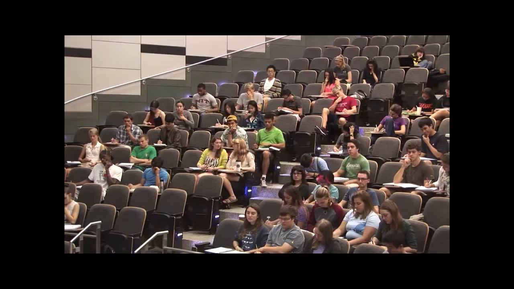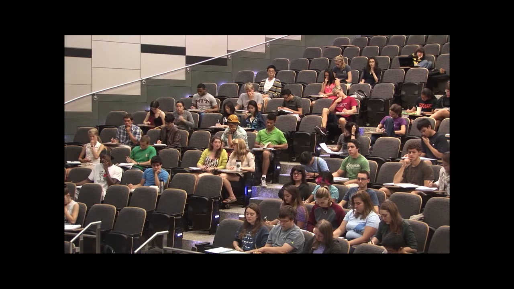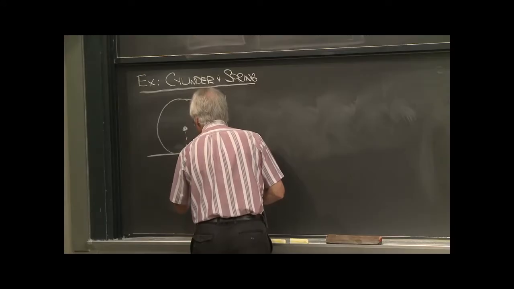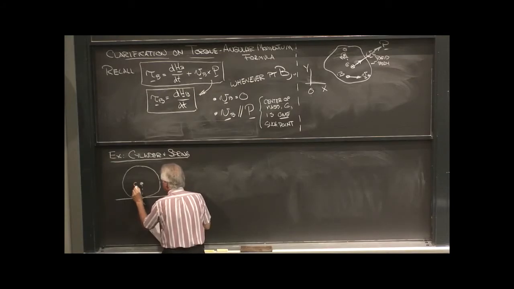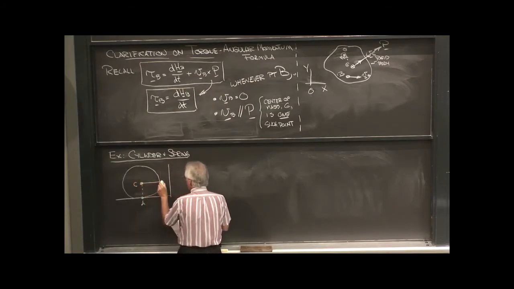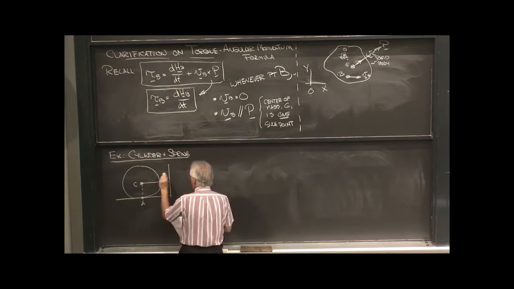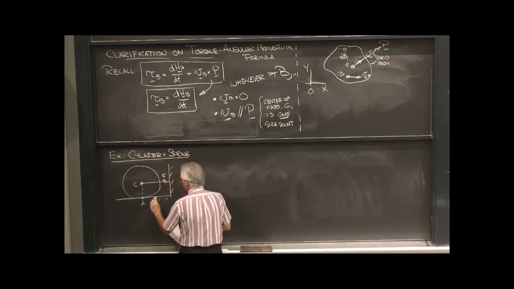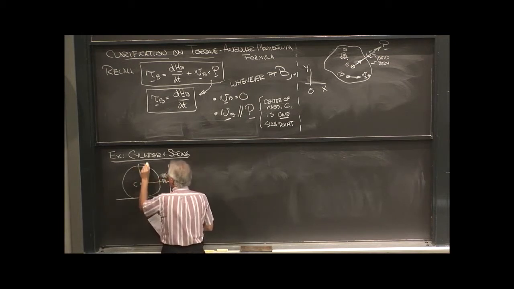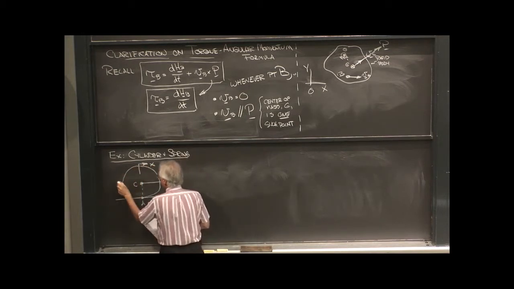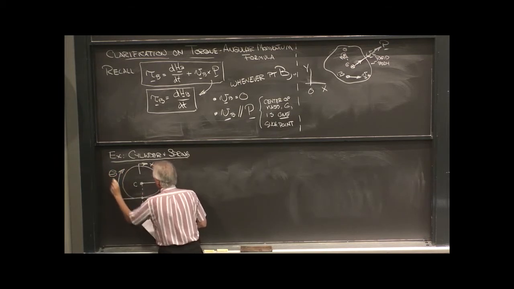So here's our cylinder rolling without slip. Ding, ding, ding, magic term. That's K. There are two possible degrees of freedom, could be x, could be theta.